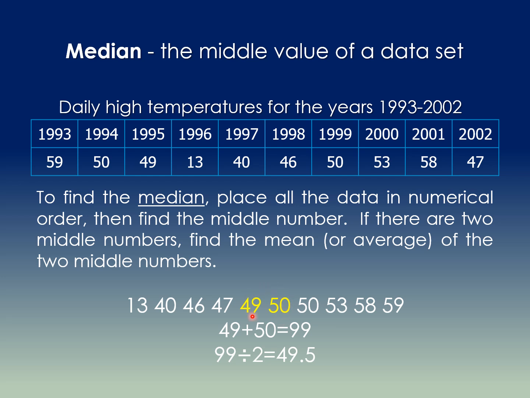Right, so I have my 2 scores, 49 and 50. I've got 4 scores that fall above it and 4 scores that fall below it. And so all I would do to get the median score is take the average of the 2 individual scores. So I would take 49 plus 50, that equals 99, divide that by 2, right, to take the average. And so my median there would be 49.5.